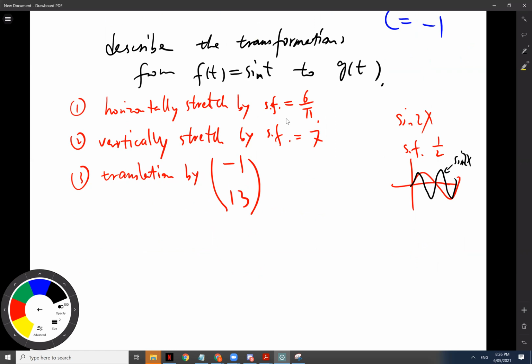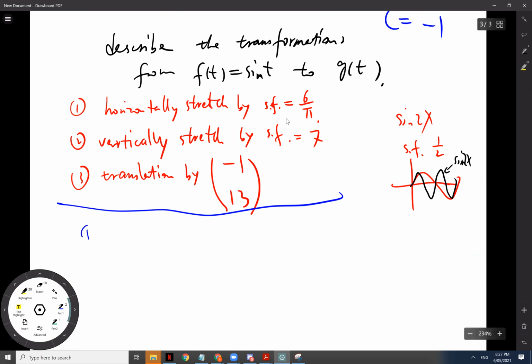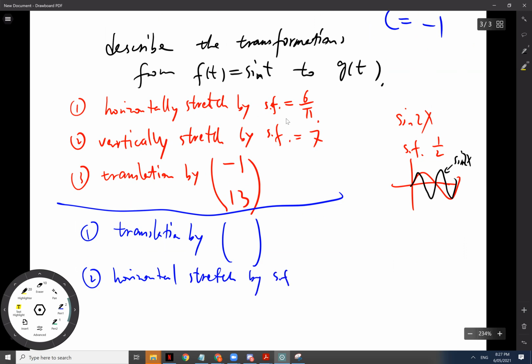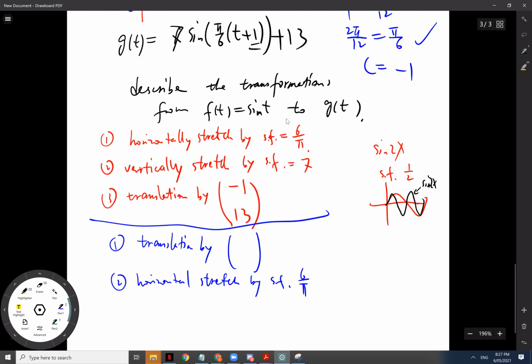Okay. Let's do another way. If I did the translation first, then horizontal stretch by scale factor 6 over pi, vertically stretch by scale factor 7.